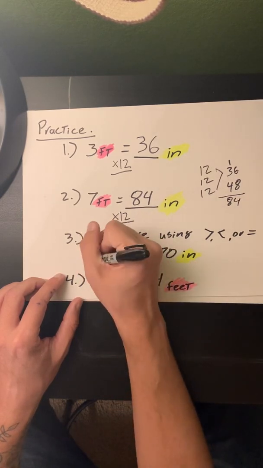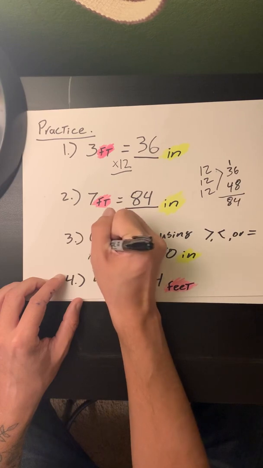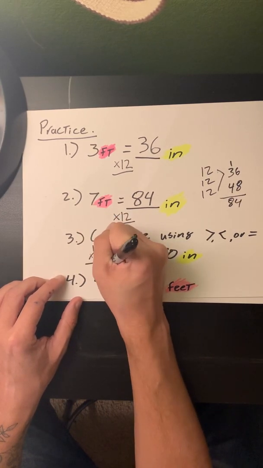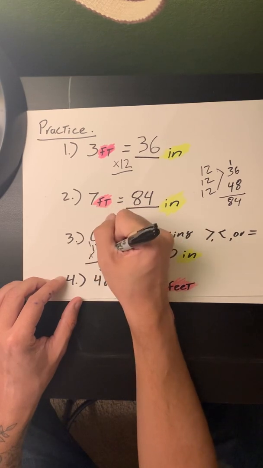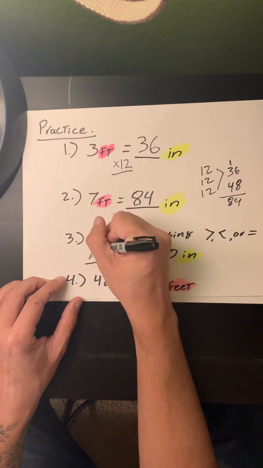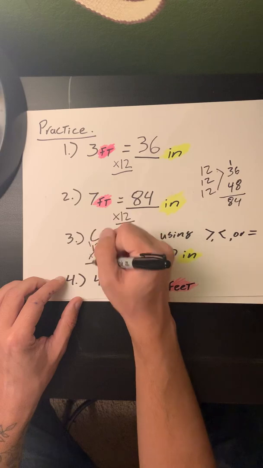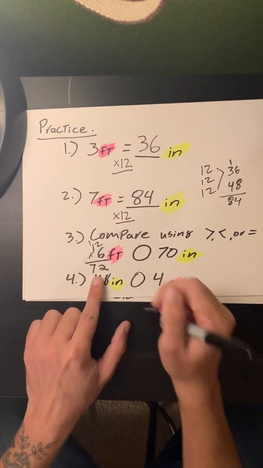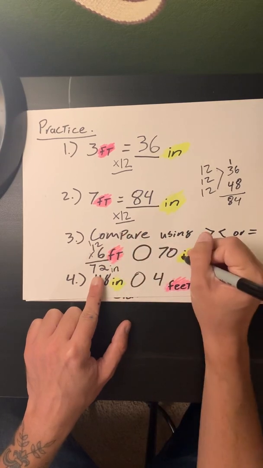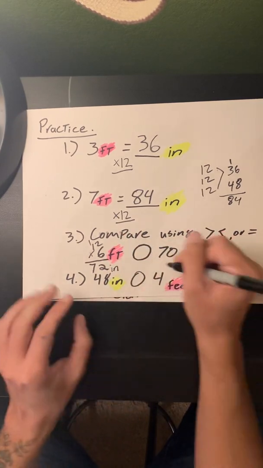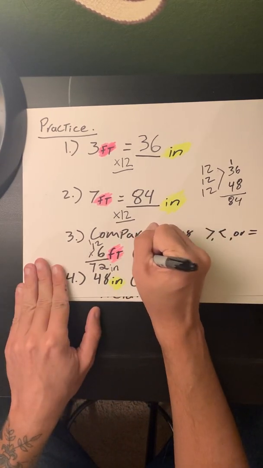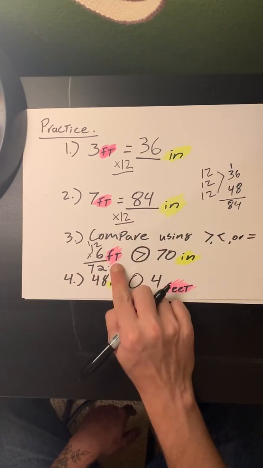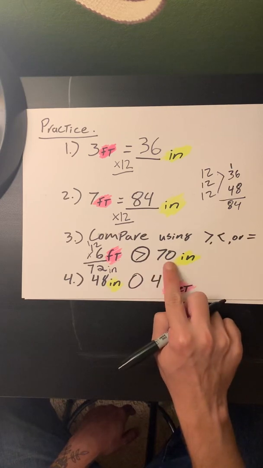So 6 times 12, I'm going to plug that in there. 6 times 2 is 12. Carry my 10 into my tens place. 6 times 1 is 6, plus 10 gives me 72. So this is 72 inches compared to 70 inches. Well, the Pac-Man will go for the greater of the two. So 6 feet is greater than 70 inches.